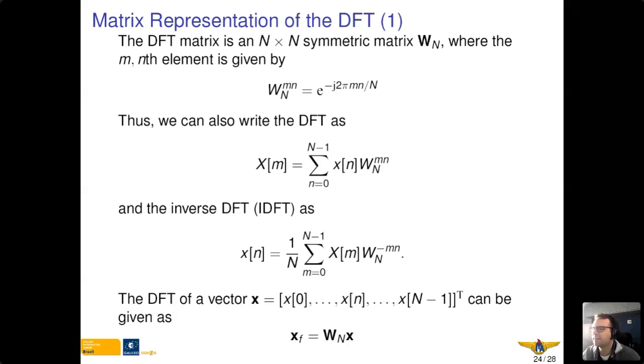The DFT of a vector x can be given by multiplying the vector with this matrix. So I'm trying to develop a formulation now for our vector signal.